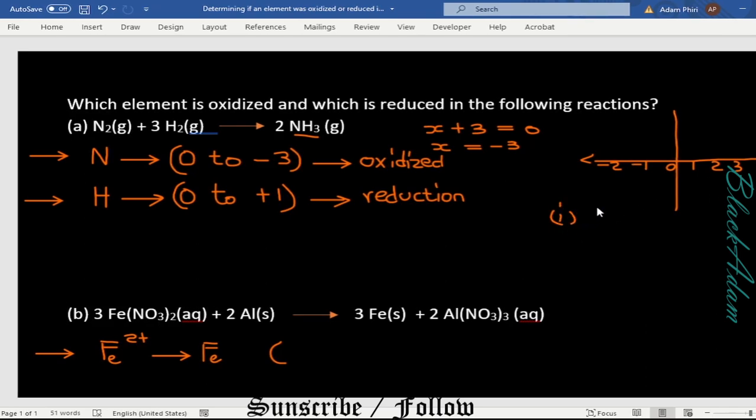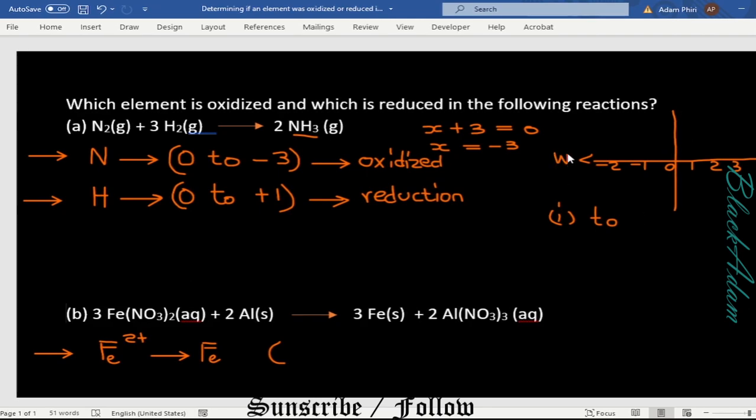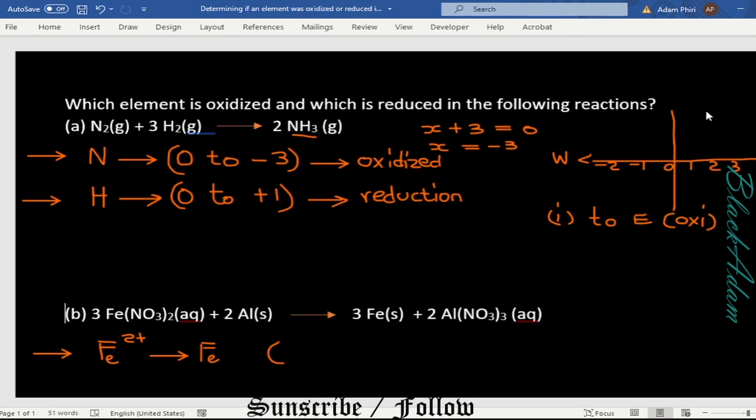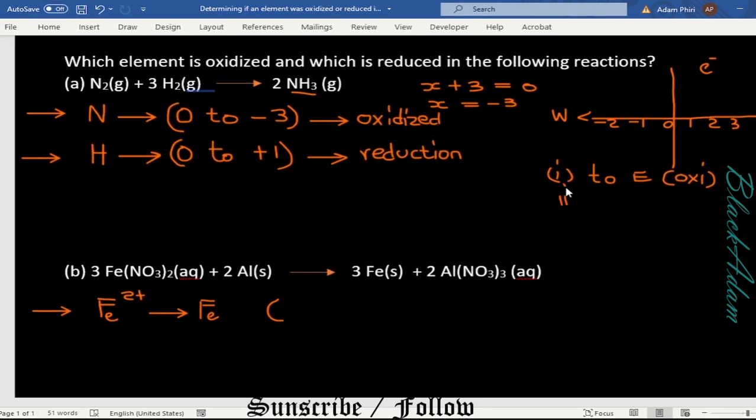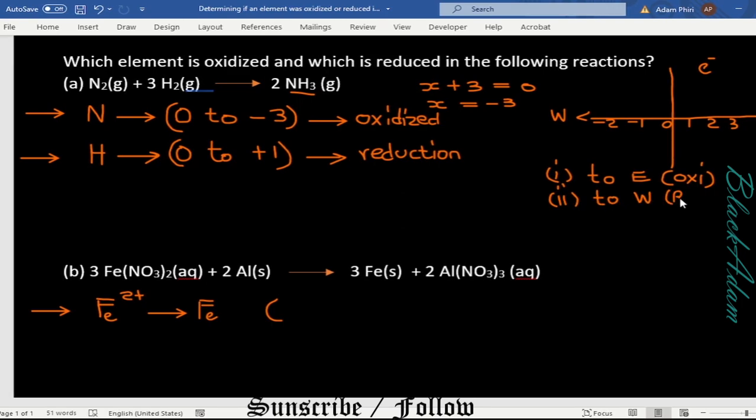Going towards the west is reduction. Going towards the east is oxidation, that's losing electrons, and from there to the west, that is a reduction.